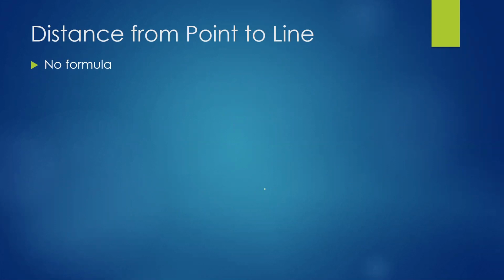We had a formula for the distance from a point to a plane in 3 dimensions, the D formula, but from point to line in 3 dimensions, there's no such formula. Unfortunately, there is no such formula for the distance from point to line. Doesn't exist. You have to do it step by step.